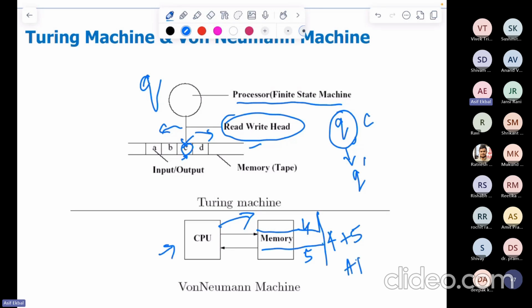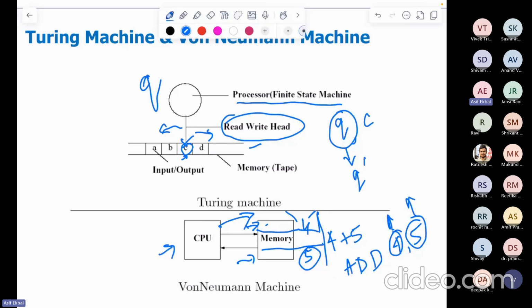Let's say the instruction will be like this: add, for example, 4 and 5, or rather the addresses of these two numbers, the particular memory location where 4 is stored and the memory location where 5 is stored. So you are passing the address of 4 and the address of 5, and memory is a kind of storage device where 4 and 5 are stored.